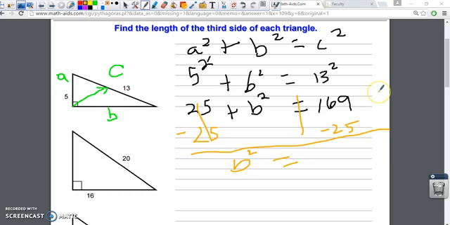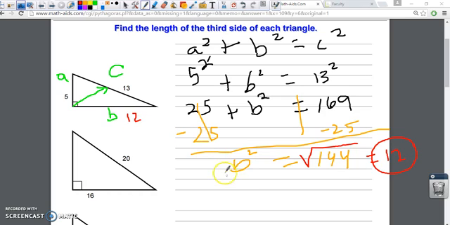And then I do the math over here. 169 minus 25 is 144. But don't forget that last step. You have to find the square root of 144 in order to realize what B really is. And so the square root of 144 is going to be 12. So B equals 12. So A is 5, C is 13, B is actually 12.